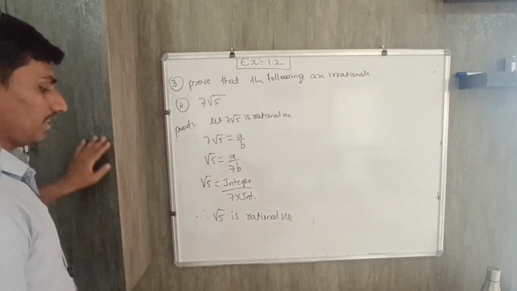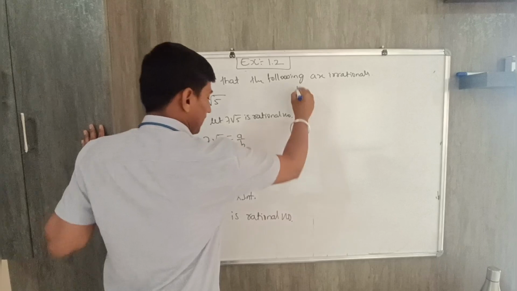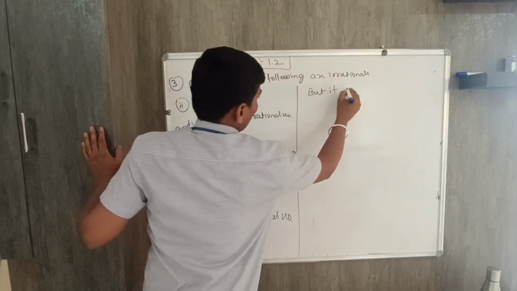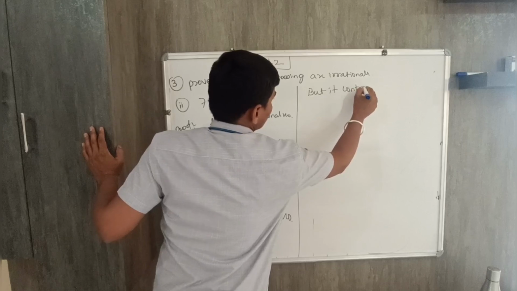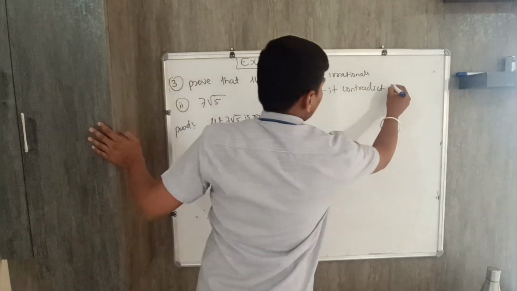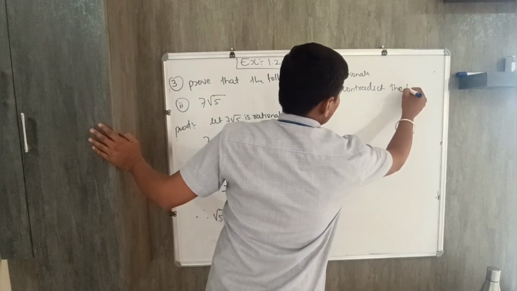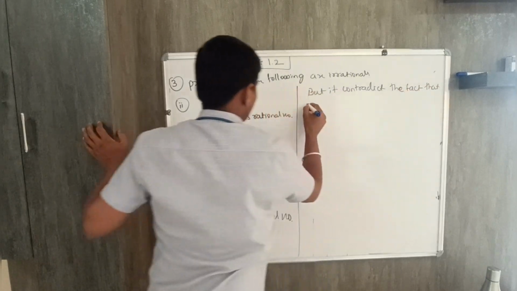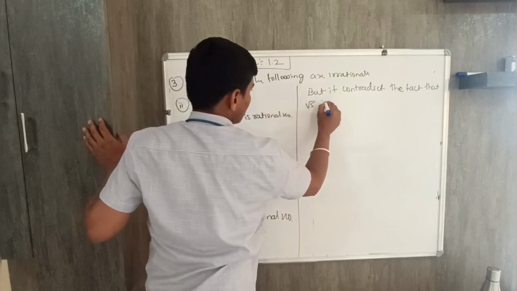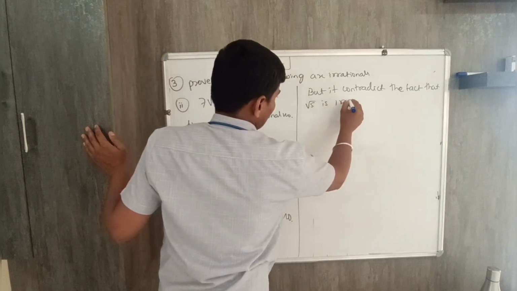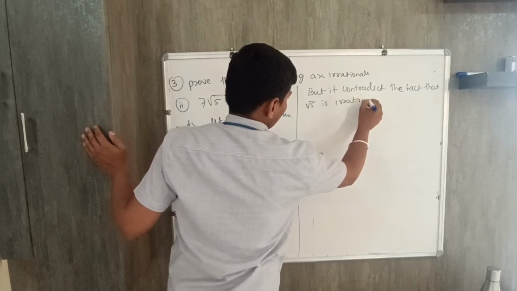Again, but it contradicts the fact that root 5 is what? An irrational number.